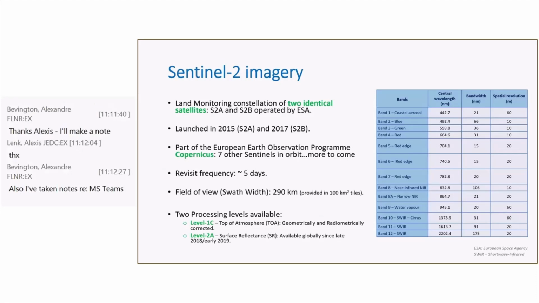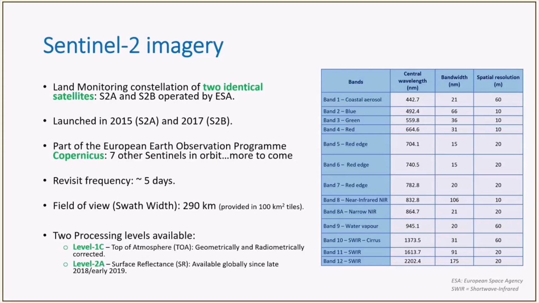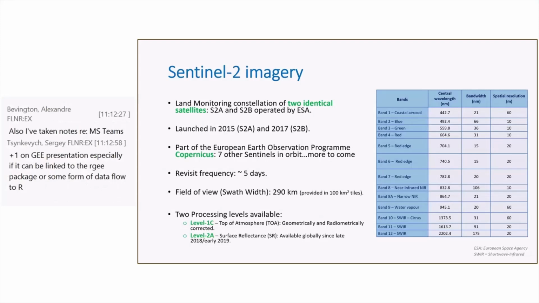The shortwave infrared and red edge bands are 20 meters, and the rest are at 60 meters. Also notice that most bands are covering the red and near-infrared parts of the spectrum, and that's because Sentinel-2 is focused on land and vegetation monitoring.